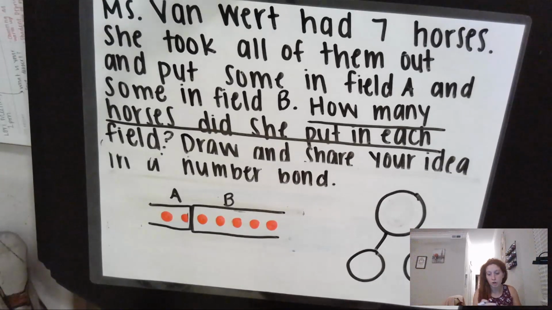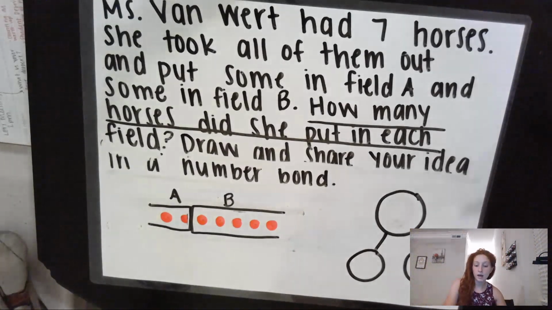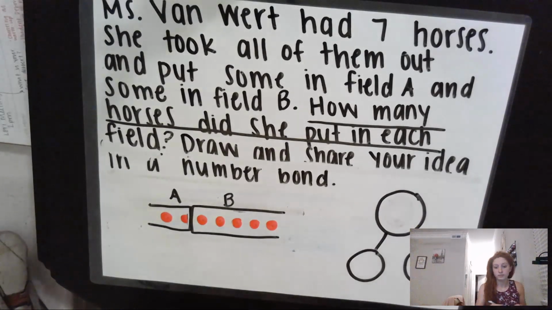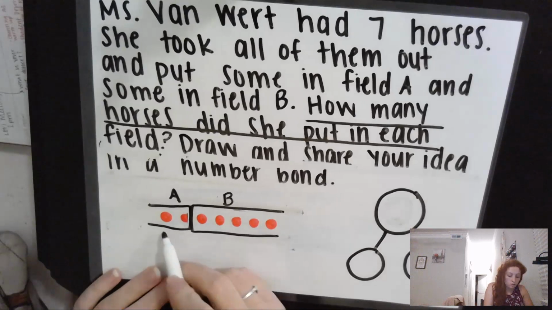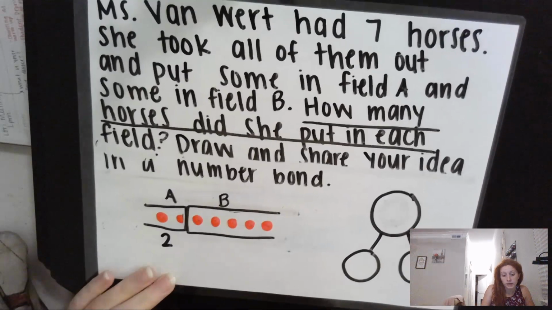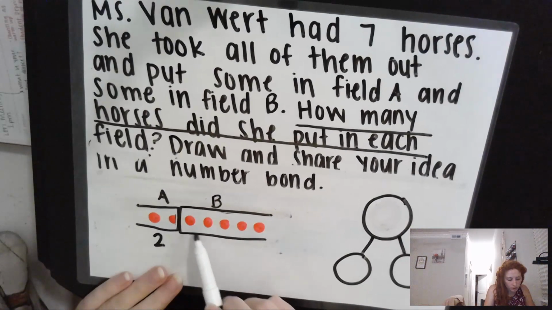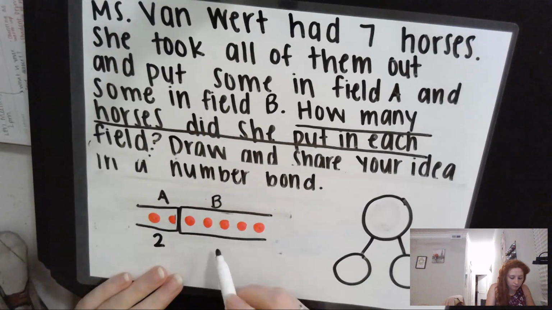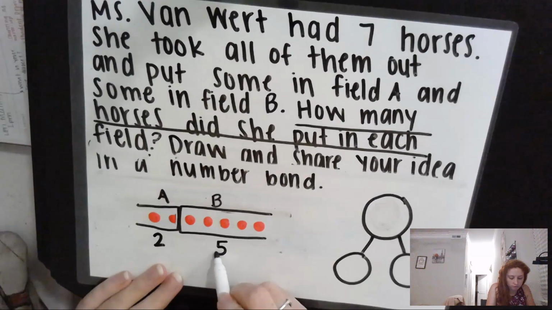And now I'm going to do it just like all of those other practices that we've done, where I'm going to count how many I have in each group, right? So I have 1, 2 in this group, and I'm labeling it so I don't forget. And in this group I have 1, 2, 3, 4, 5, and I'm labeling it so I don't forget.